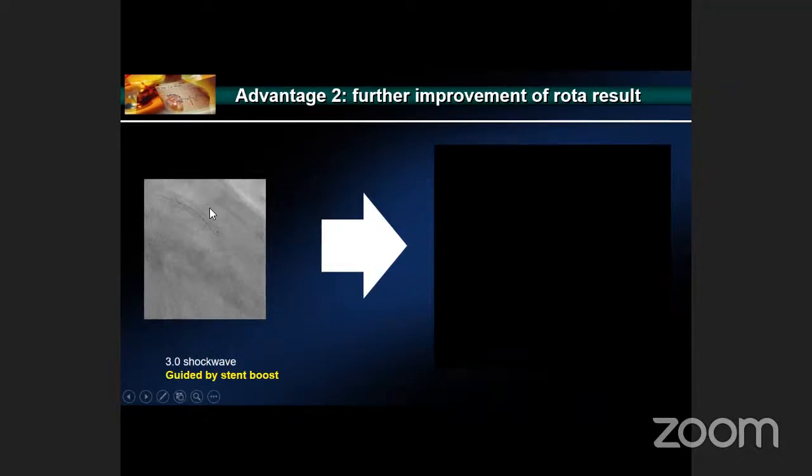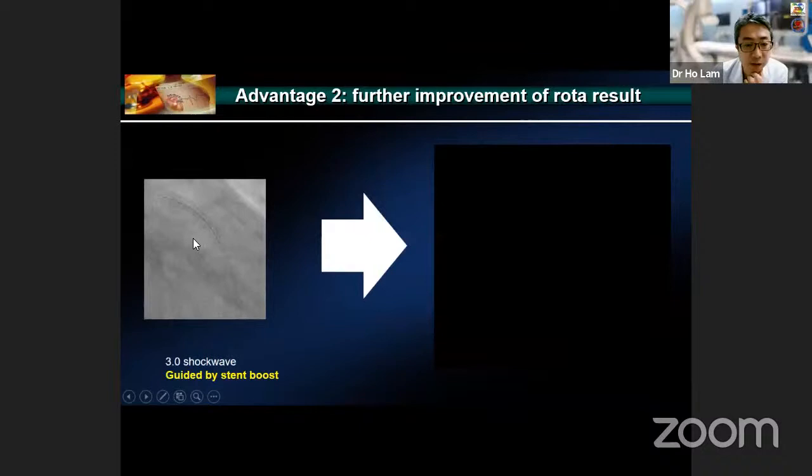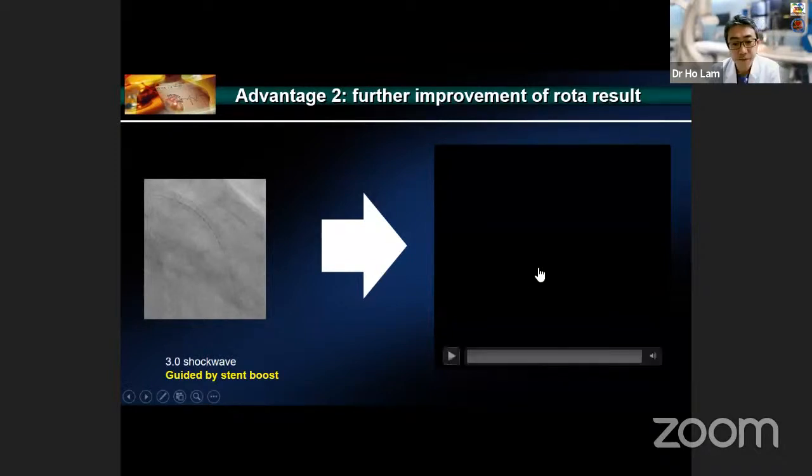For this sort of situation, I will recommend the best way is guided by stent boost. If you put the shockwave in and then do the stent boost, you can see the calcium clearly over the vessel. Then you find the most calcified lesion, and this is the place for you to deliver your shots.